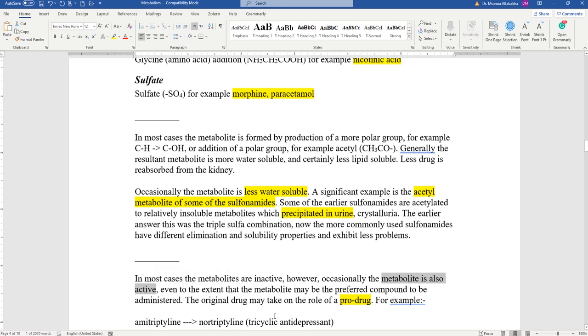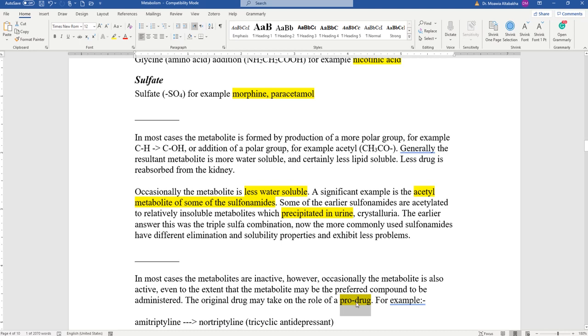The metabolite is also active. Now, when the drug that you are using is originally not active, but its metabolite is active, we call the drug prodrug.